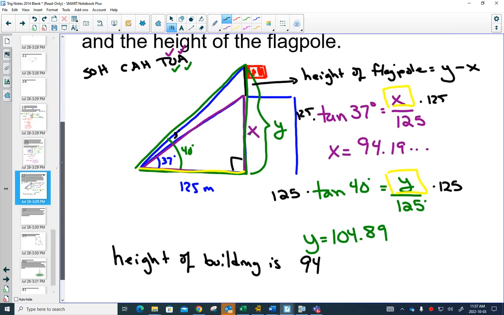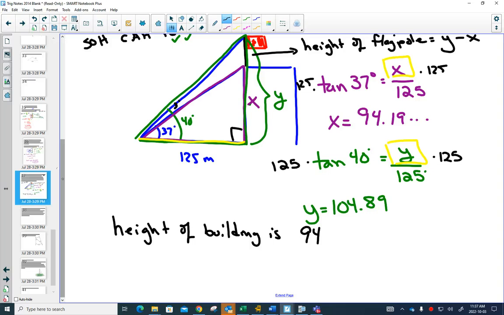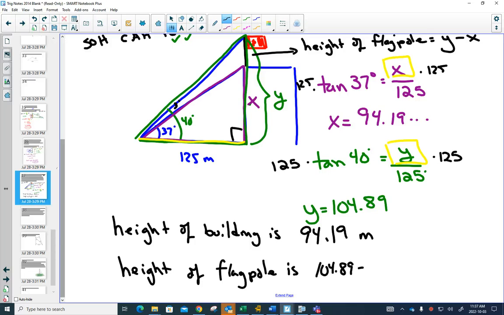No, so I'm going to do 2 decimal places, 94.19. And we also wanted to find the height of the flagpole. That we have to do some work, right? We have to take 104.89 minus 94.19.